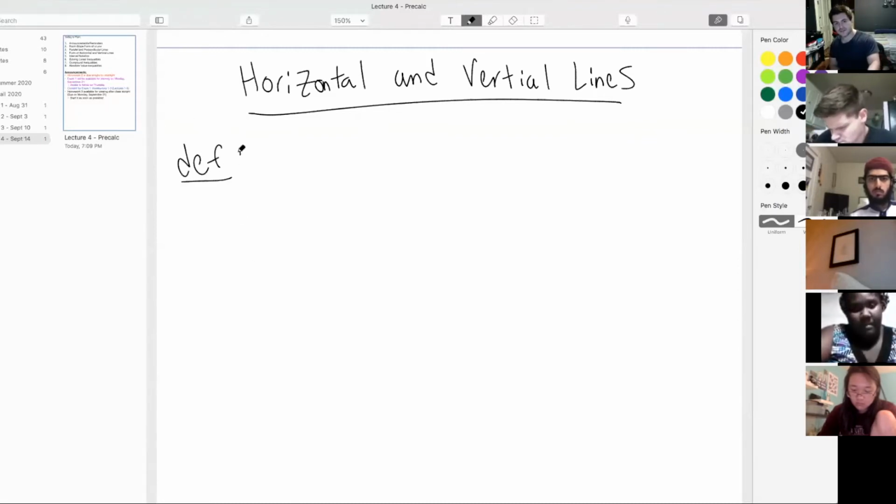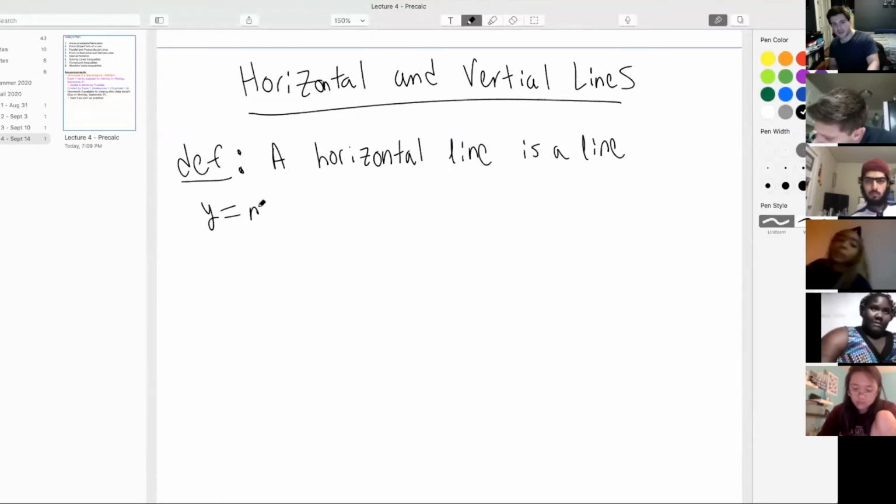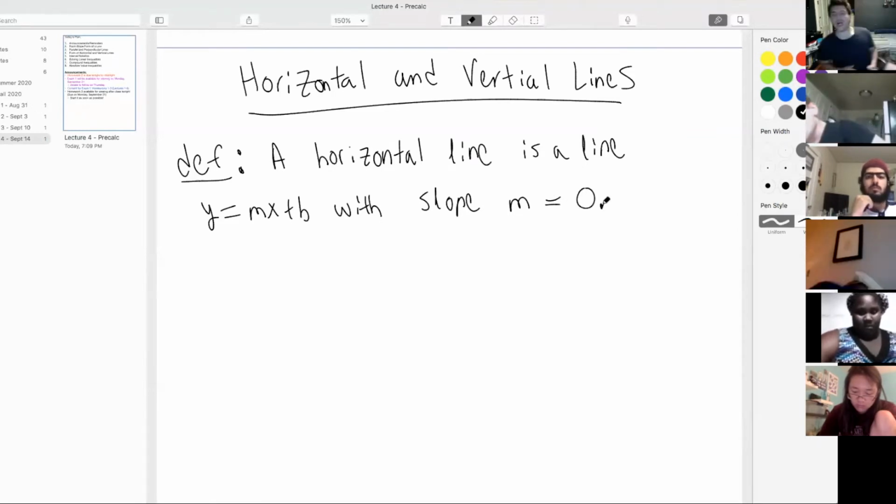Definition: a horizontal line is a line y equals mx plus b with slope m equaling 0. It's a special line such that the slope of it is 0.